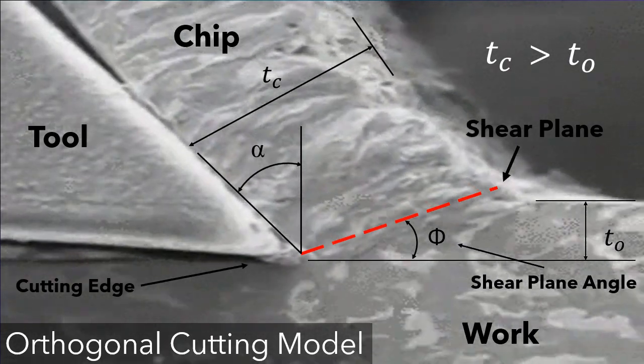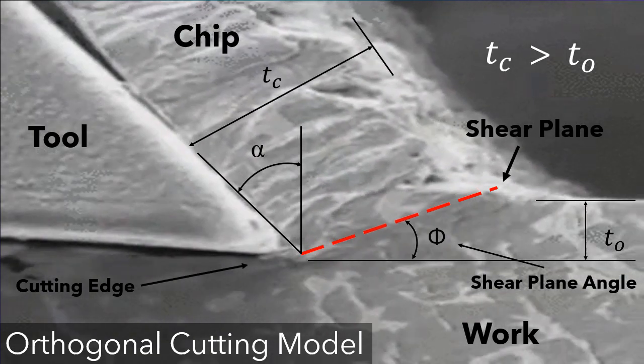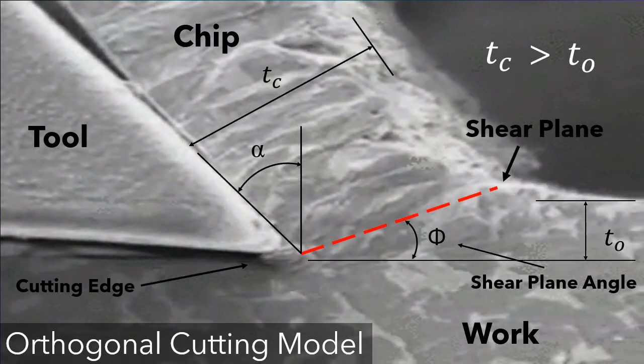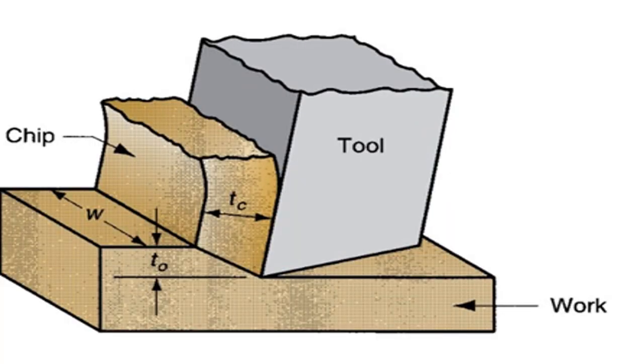Usually, the thickness of the chip after separation is more than the thickness of the chip before separation. In addition to t_o, the orthogonal cut has a width dimension w, even though this dimension does not contribute much in the analysis of orthogonal cutting.